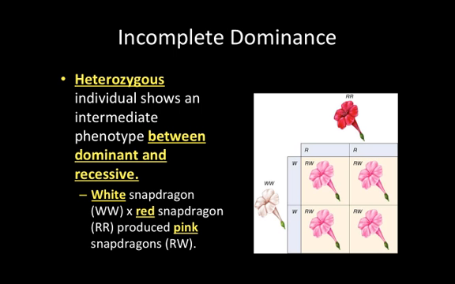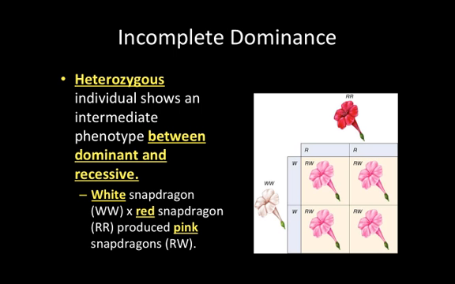In incomplete dominance, the heterozygous individual shows an intermediate phenotype between the dominant and recessive. So rather than the heterozygous individual expressing the dominant trait, it's going to express a trait in between the dominant and recessive. So one example is the white snapdragon crossed with the red snapdragon, producing pink snapdragons.